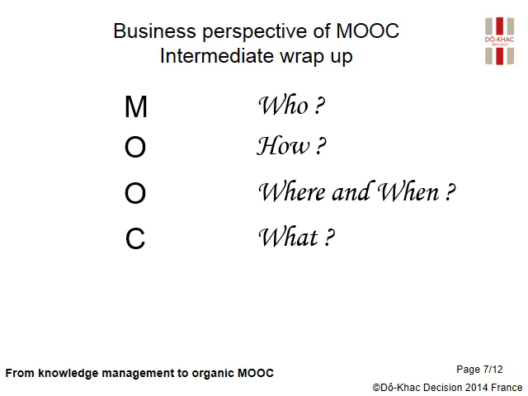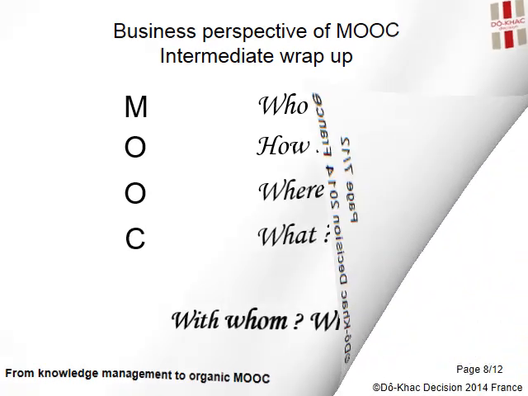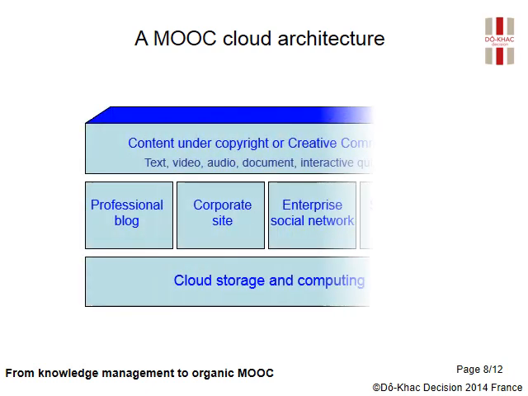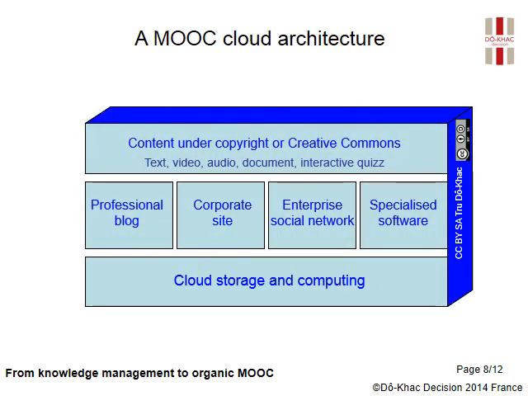Now, what is left is with whom and why. With whom develops into: with whom should you build this business asset? So comes the MOOC architecture. The following MOOC architecture is a three-tiered layered architecture on cloud.